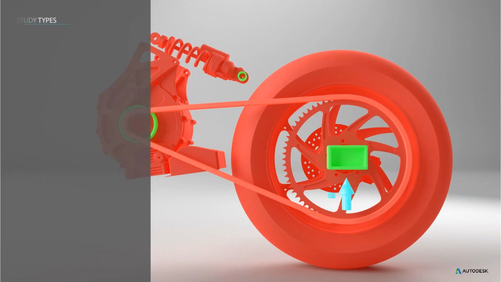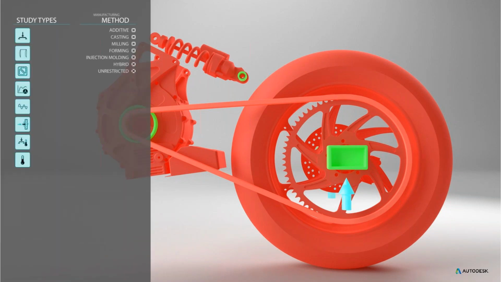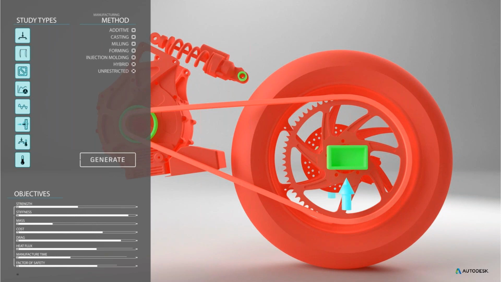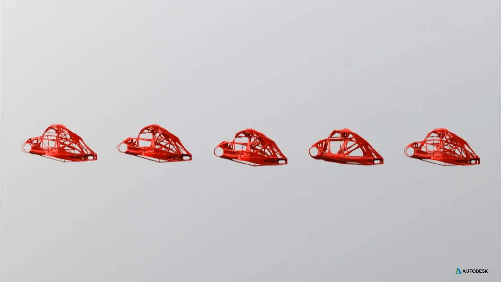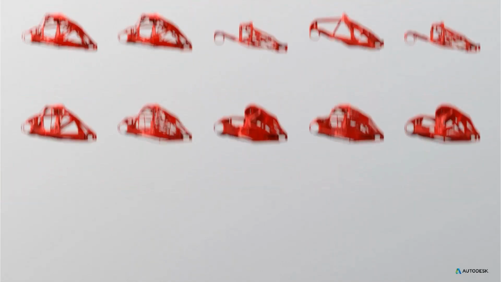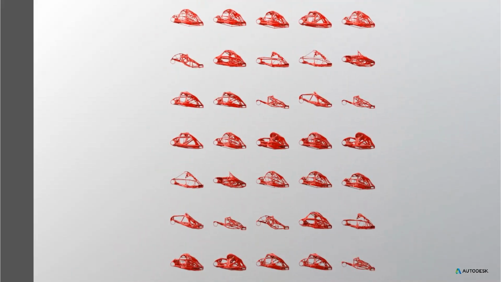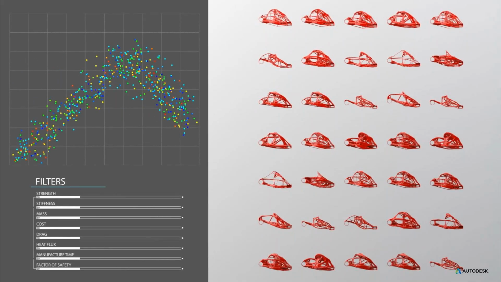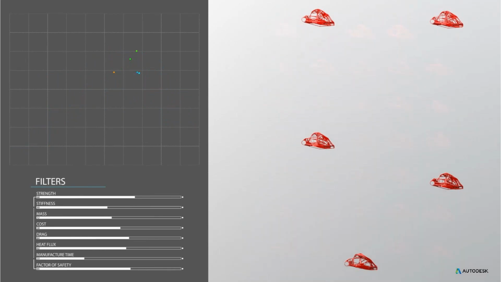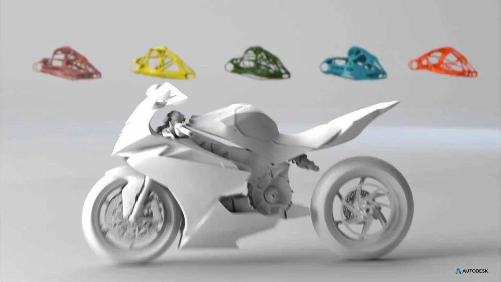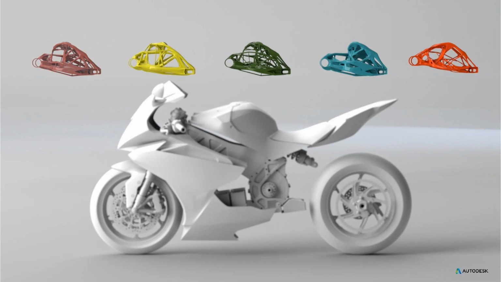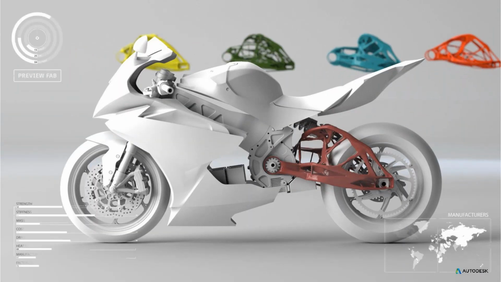Then we define the objectives for our study and the production method, and then we will end up with all those outcomes, and we will start filtering them out, for narrowing down the number of solutions that we want to move further with.